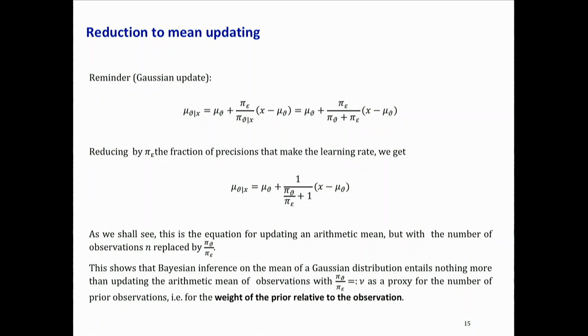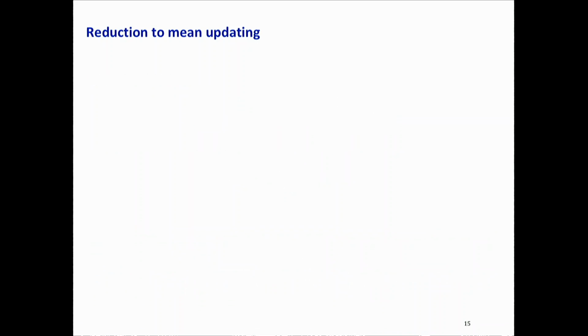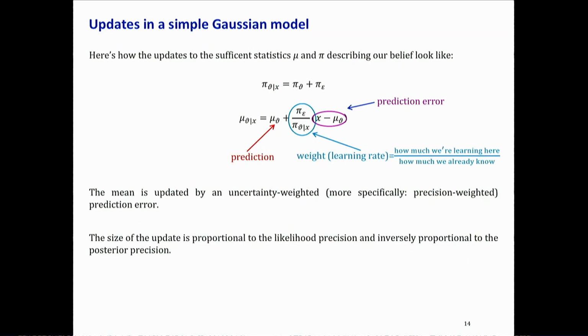And since n was the number of previous observations in the updating of the mean of a time series of observations, we can take this nu as a number of virtual previous observations. So we said in the Gaussian update that in the update to the mean, this learning rate was how much we're learning here related to how much we already know.